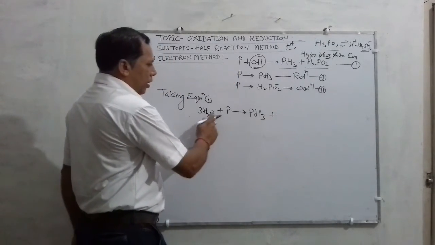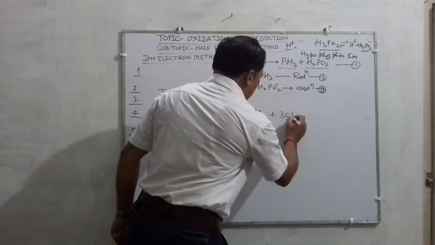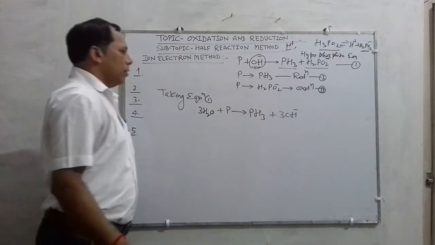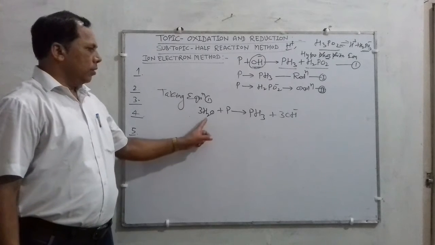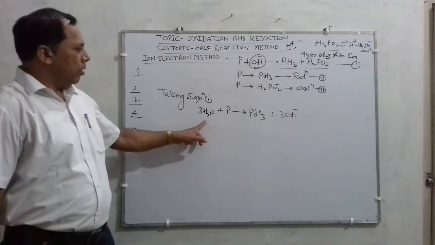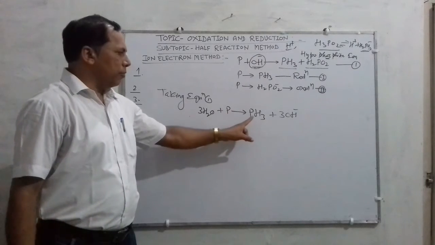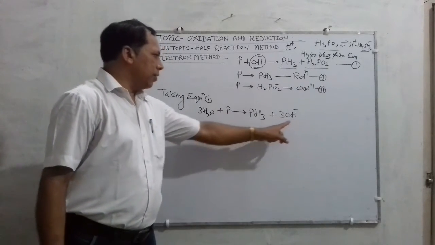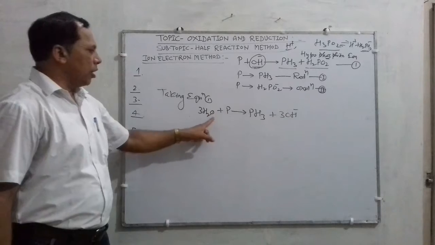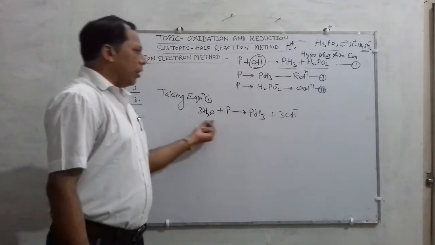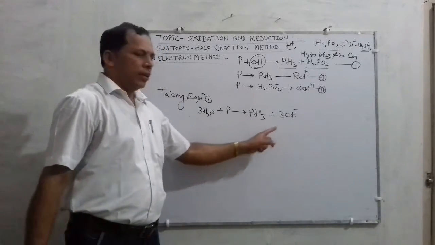Here there are 3 oxygens, so add 3 OH minus. Now you can see both sides have one phosphorus, 6 hydrogen, and 3 oxygen. All the atoms are balanced in this reaction.